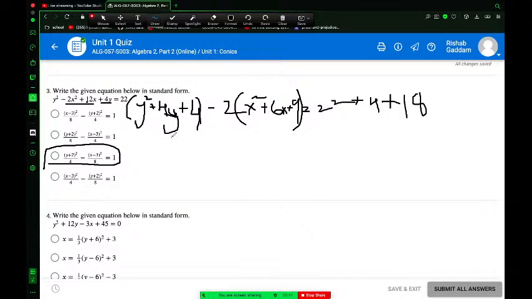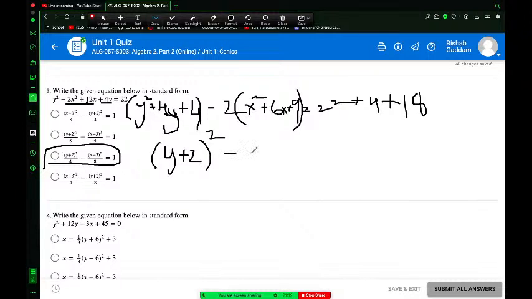So for this one we have y, then we can factor this. We have to know the factors of 4, which is easy. It's 4 times 1, but 4 plus 1 is 5, not 4. So there's 2 times 2. 2 times 2 is 4, and 2 plus 2 is 4. So that's the one we're going to choose. y plus 2 times y plus 2, or simply put, y plus 2 squared.